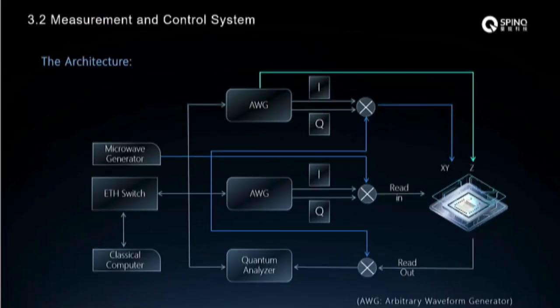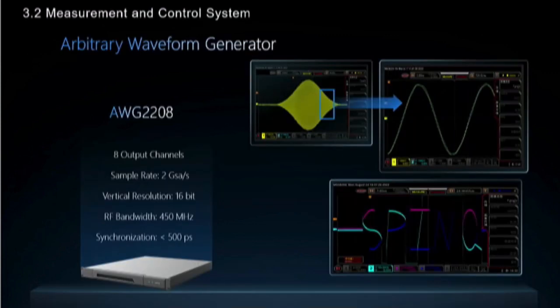signal, and it controls the qubit state after modulating with the microwave. Similar stuff will happen when we send in the signal through the reading line, and after demodulation, we transport the signal to the quantum analyzer, and then we can get the computation result.